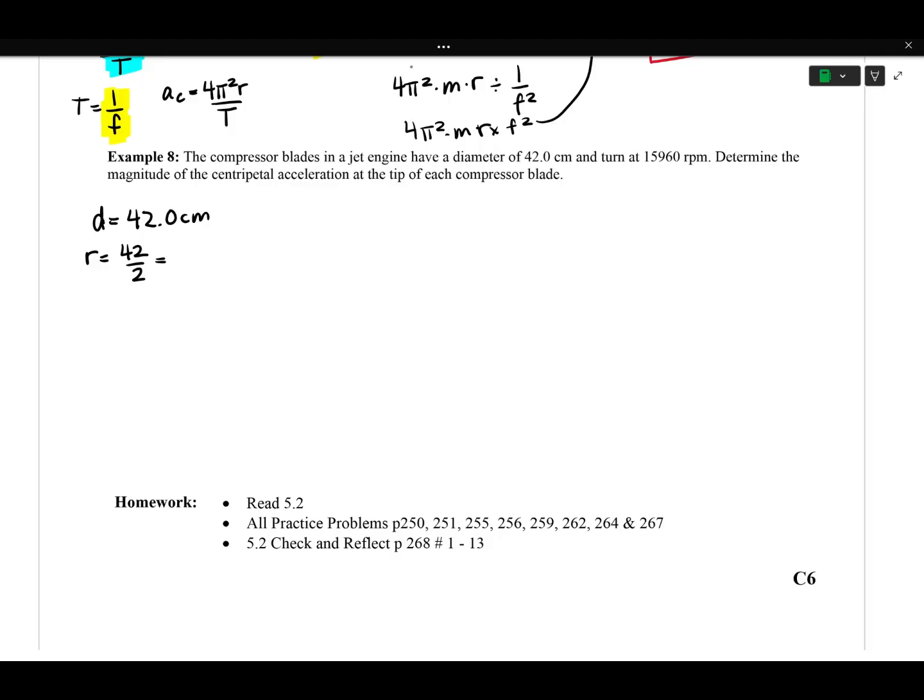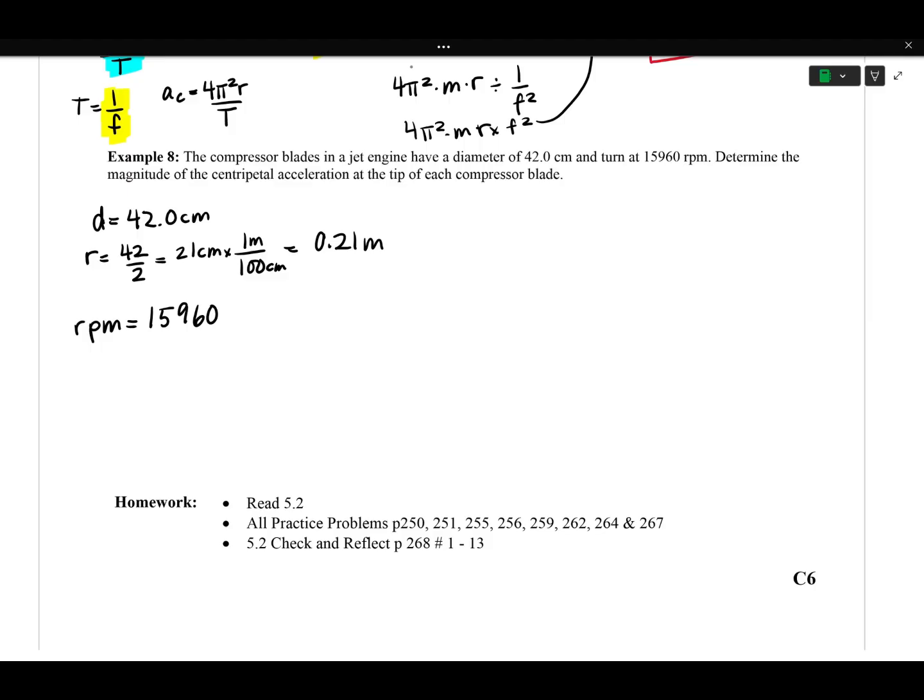Well, let's take our diameter and turn it to a radius because we know we're going to need that anyways. So let's go 42 divided by 2, and that's going to give us 21. And then remember, this is centimeters, so we're going to divide by 100 to get it into meters, and that's going to give us 0.21 meters as our radius.